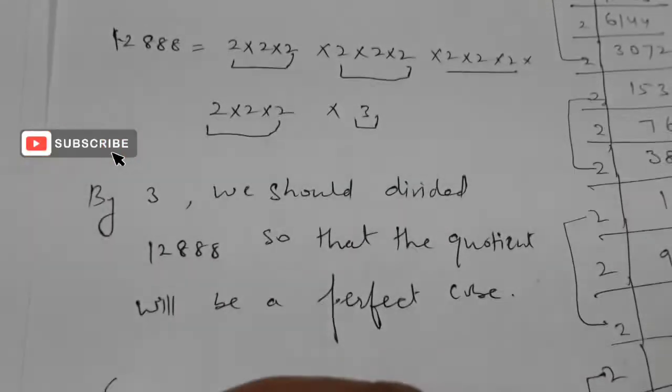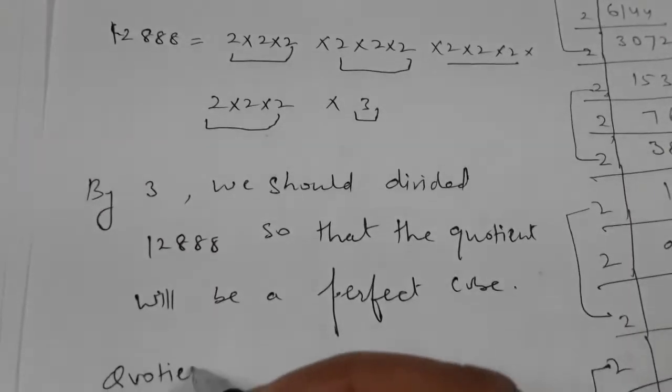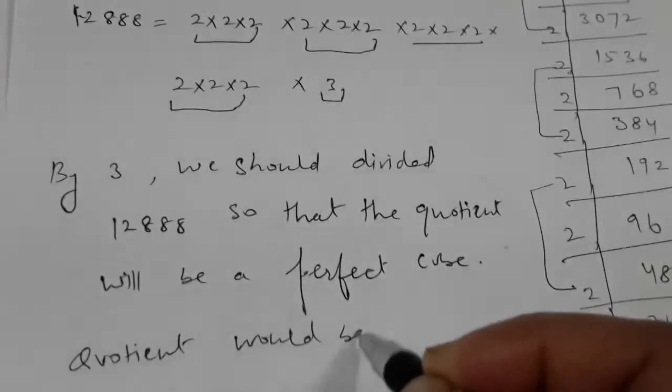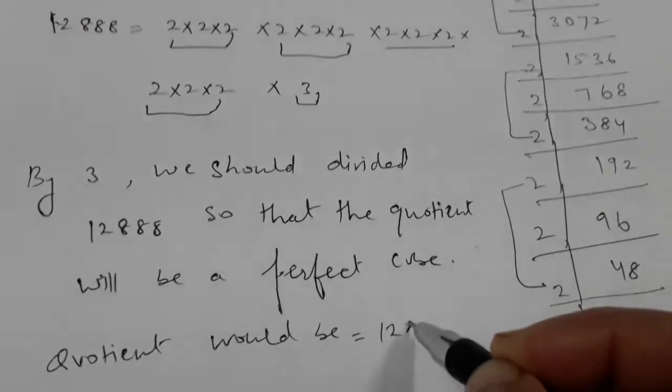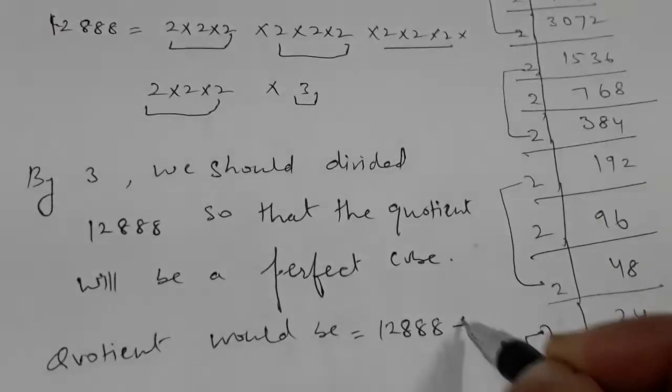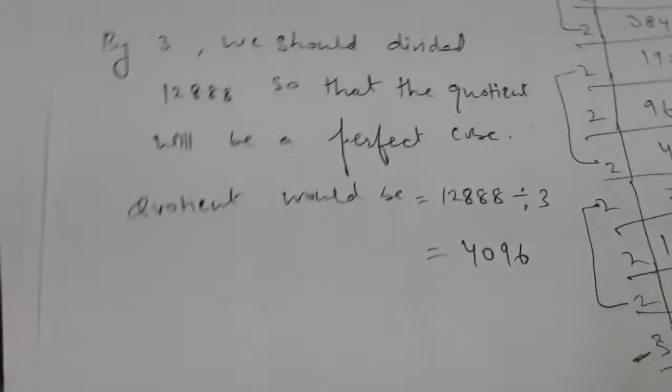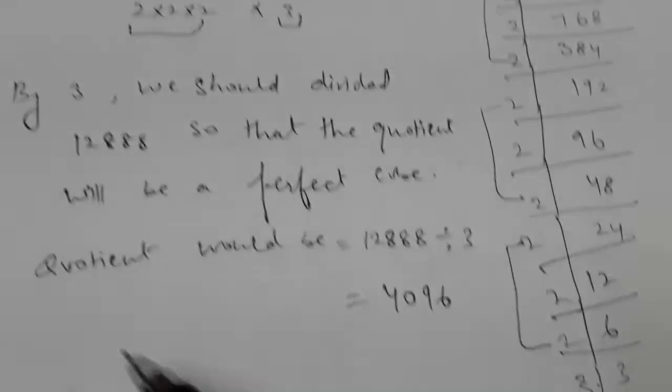So the quotient would be 12,888 divided by 3, and we will get 4096. So 4096 is the number which is a perfect cube.